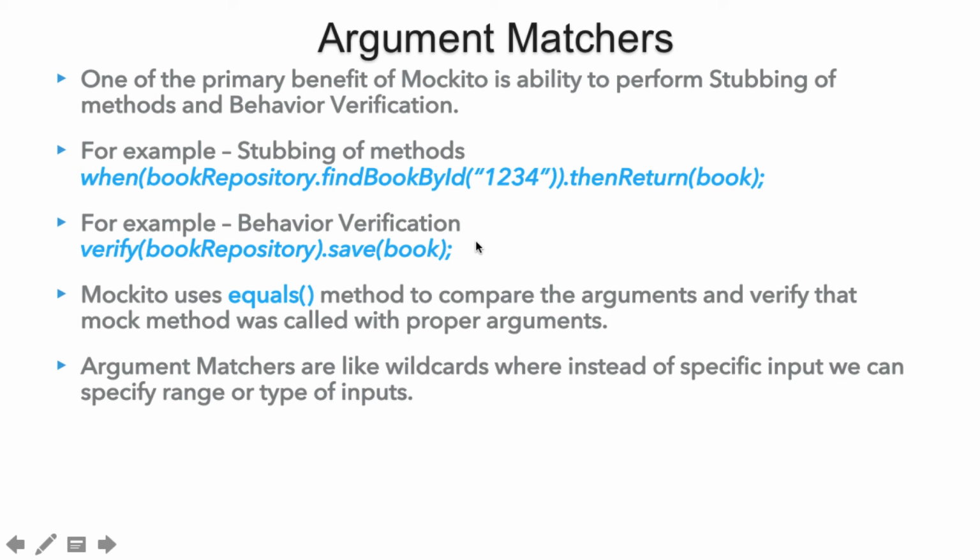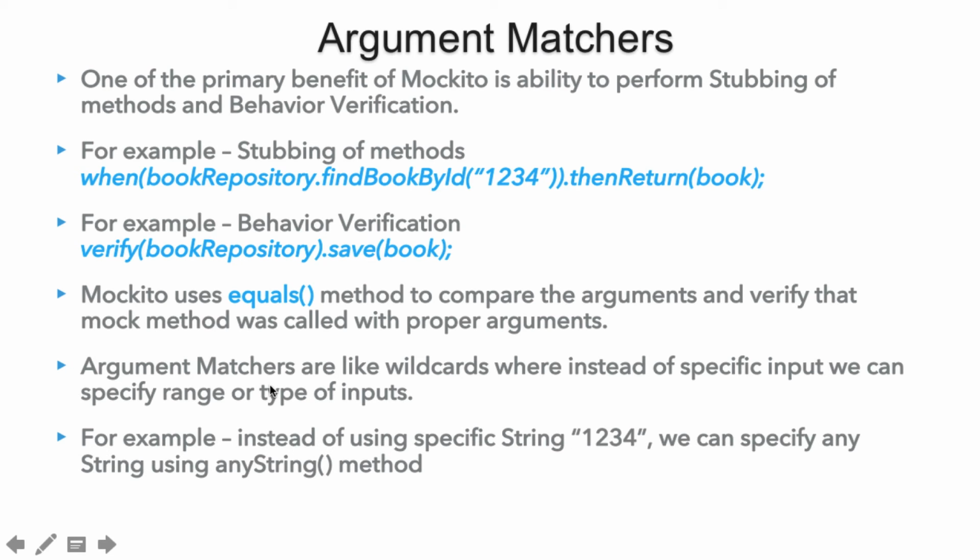There are various methods when we perform argument matching. For example, instead of using a specific string like 1234, we can specify any string using the anyString method. So instead of this fixed value in double quotes, we can simply call the anyString method.